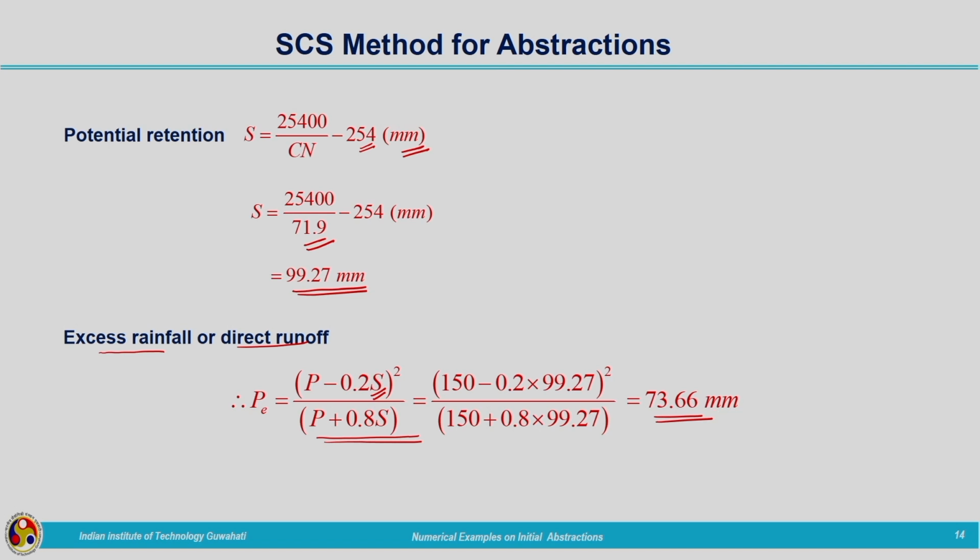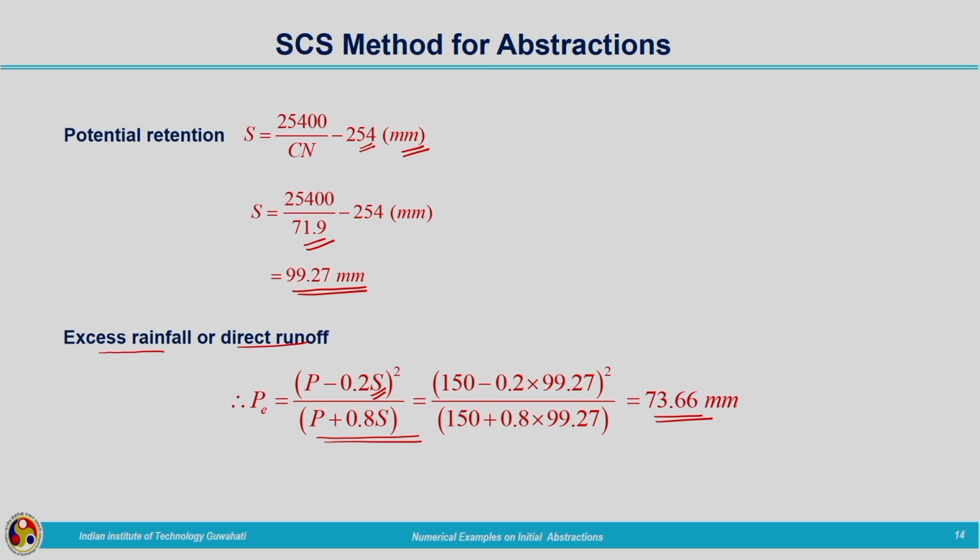So, the runoff at the outlet of this watershed, which consists of wooded and residential area, and which also includes different soil groups B and C, is 73.66 millimeters.